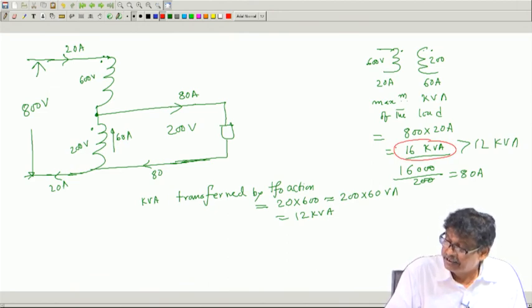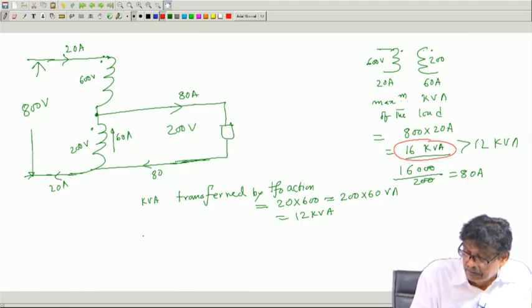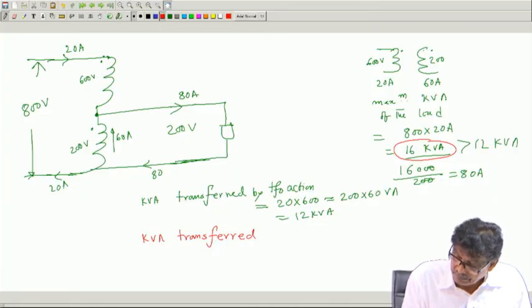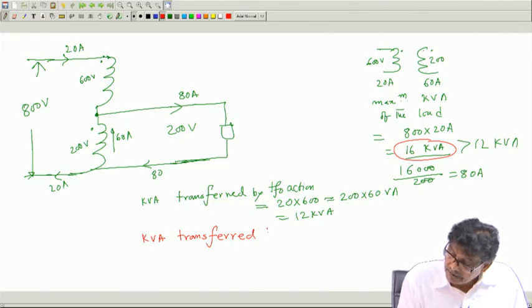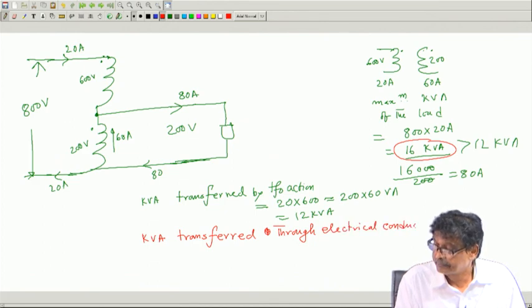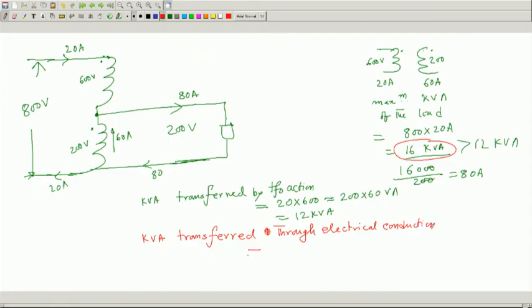So, where from this extra kVA is coming? I will conclude that kVA transferred through electrical conduction is this 16 kVA, 16 has been the total minus 12, that is 4 kVA.